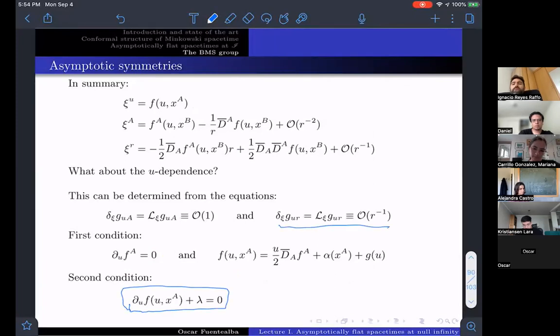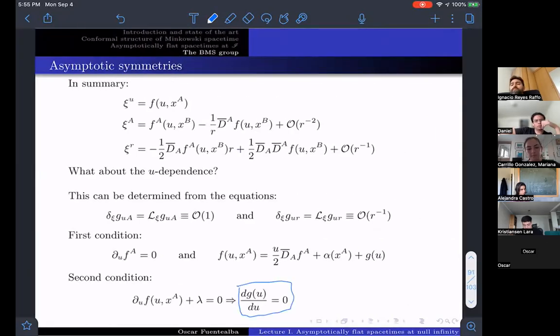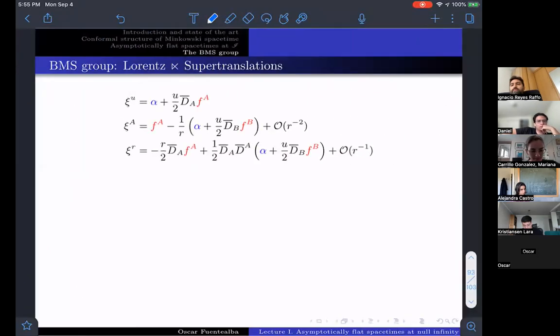But using the value of f that we already computed and the value of lambda, which was equal to minus 1/2 of the divergence of the conformal Killing vector, we obtained that the time derivative of g0 is a constant, so it can be absorbed in this arbitrary function of the angles alpha. So finally, we obtain the generators of BMS transformations, which are parameterized by alpha and Fa.